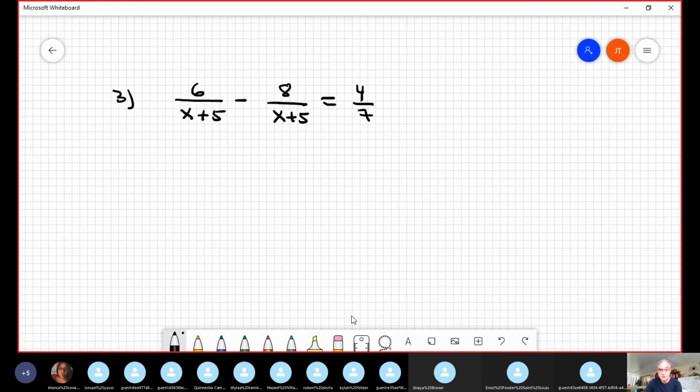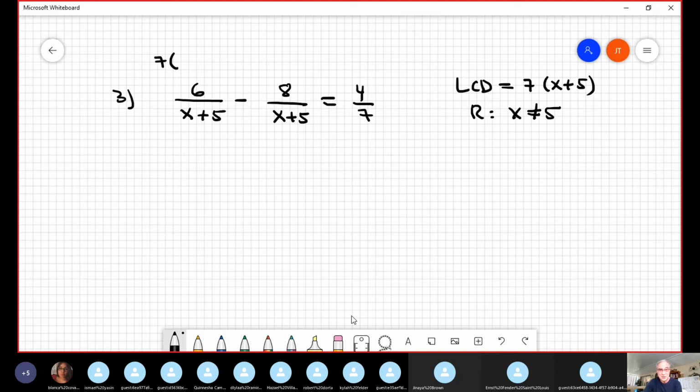Remember, the first step is factorization, but in this case impossible. The second step is to find the least common denominator, which is 7 times x plus 5 without repetition. Not 2 times x plus 5, only 1, because it's repeated. Restriction associated, x is not negative 5. That means that when you multiply this equation by the LCD, this is classical in algebra.